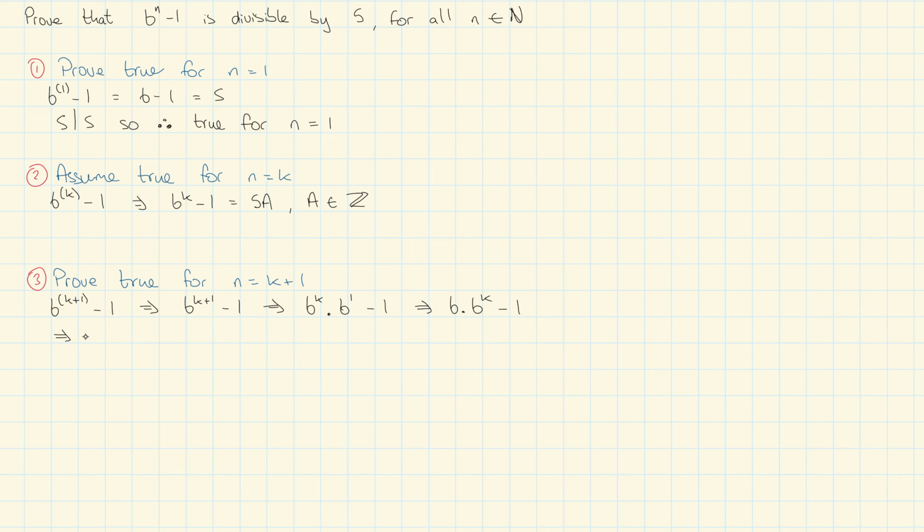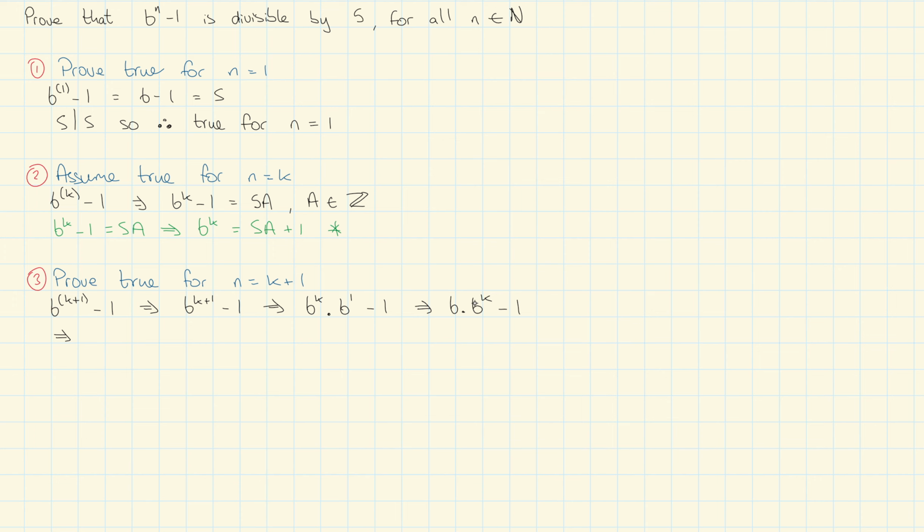So we'll get, and just to show you, we'll come back to our step 2 here. So we'll have 6 to the power k minus 1 equals 5a. Then 6 to the power k will equal 5a plus 1.